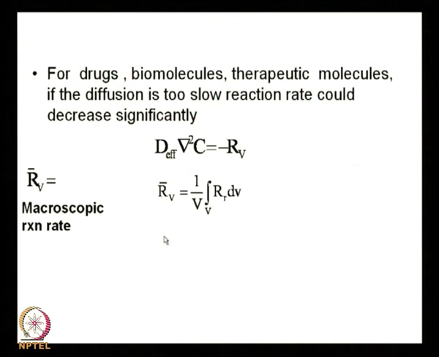So, this is given by minus 1 over V. So, why is that? You can replace what you have over here, the diffusion reaction problem, from here to here, okay.